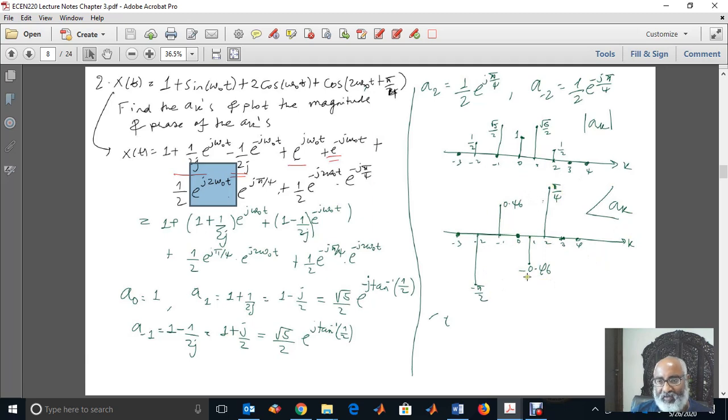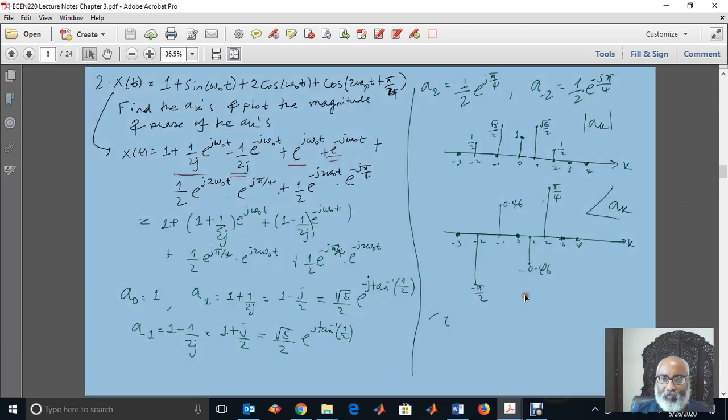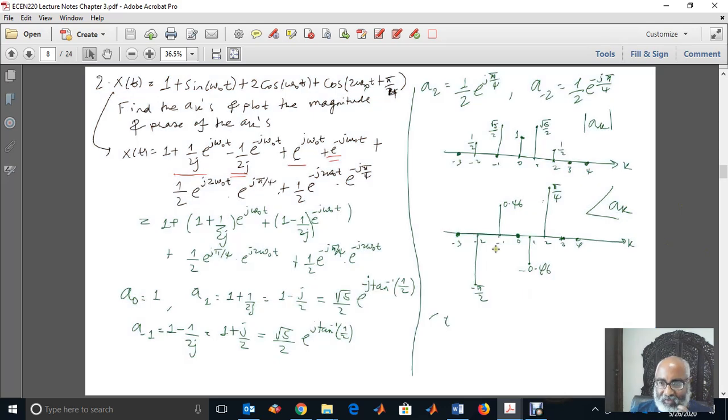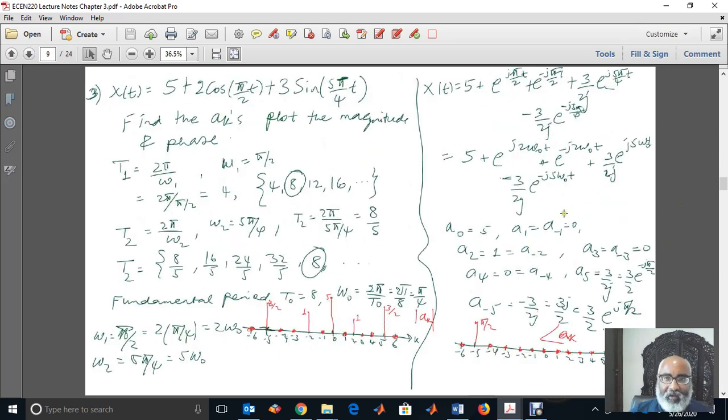In this case, we plotted the ak's in terms of radians, because I have here pi over 4 and here minus 0.46 radian, and at minus 1, 0.46 radian, and so on. Okay, this is the plot.